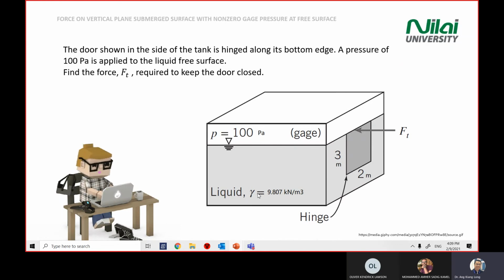The specific weight of the water is given; recall that specific weight is rho g, given as 9.8 kilonewton per meter cube. We need to find our force to keep our door closed. Again, this 100 Pascal is a gauge pressure.